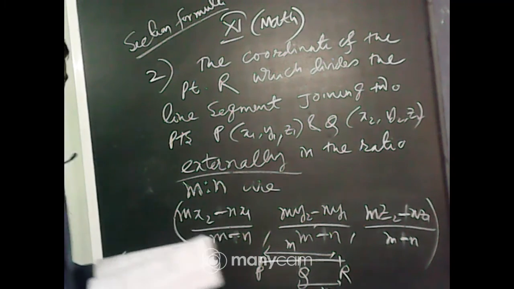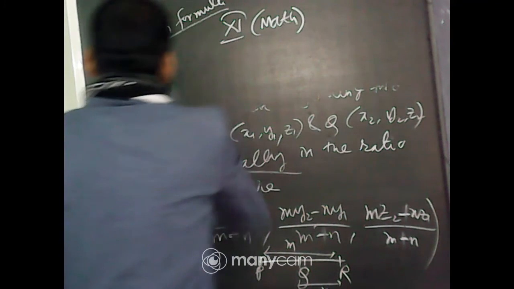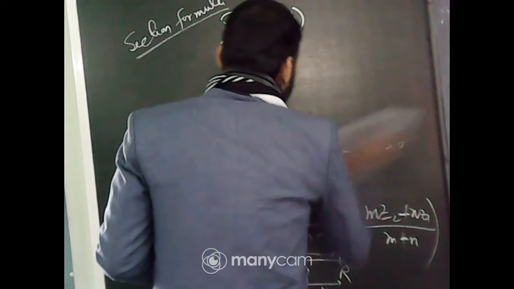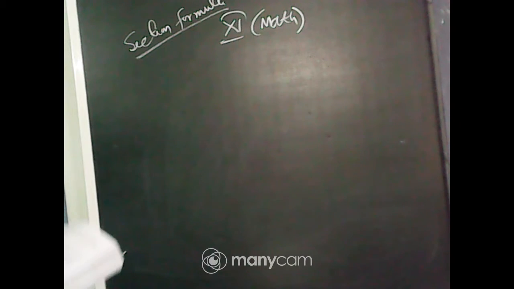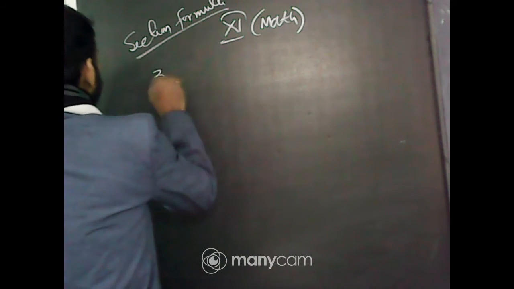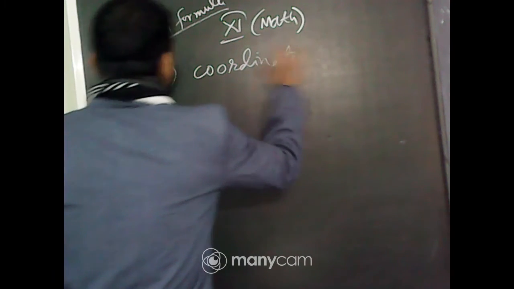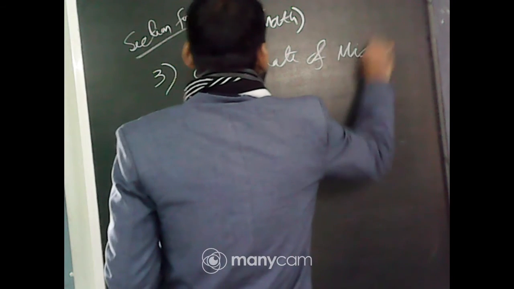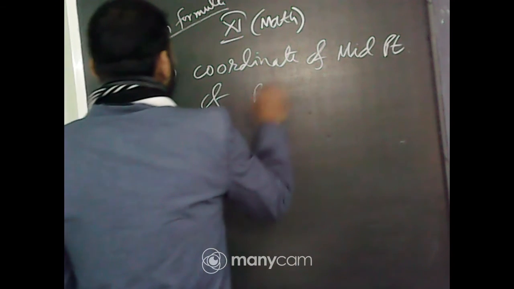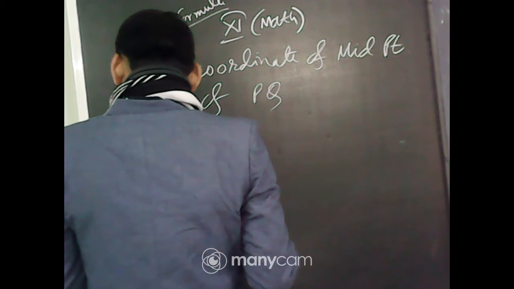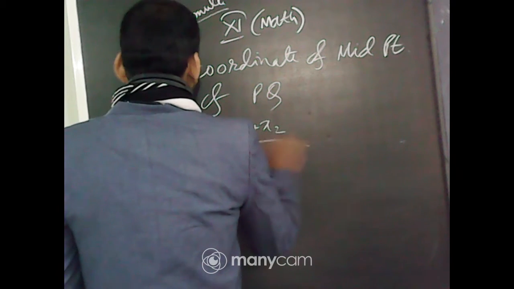Now the midpoint. These two are the main formulas. The formula of midpoint is a particular case of formula number 1. Coordinates of the midpoint of PQ will be x1 plus x2 by 2.